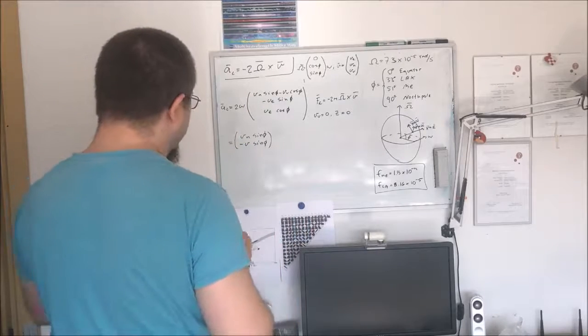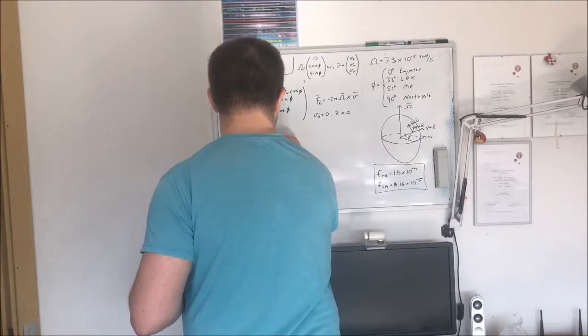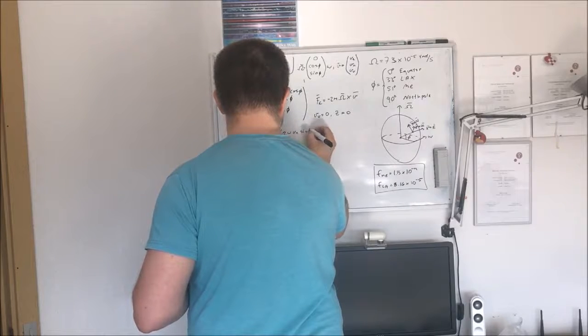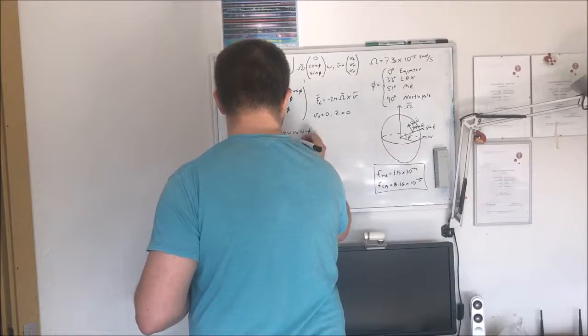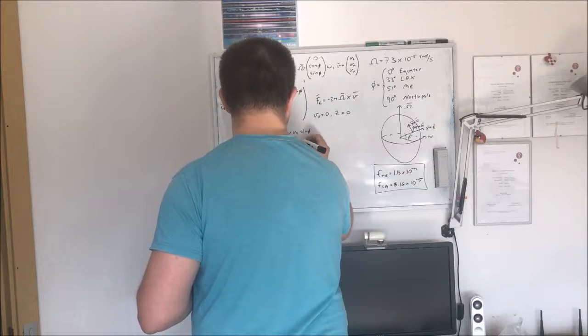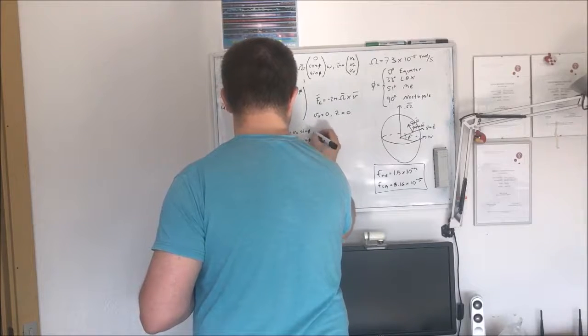And let's put in the other numbers, so we get that we actually have 2 omega Vn sine phi and minus 2 omega, small omega, that is, Ve times sine phi.